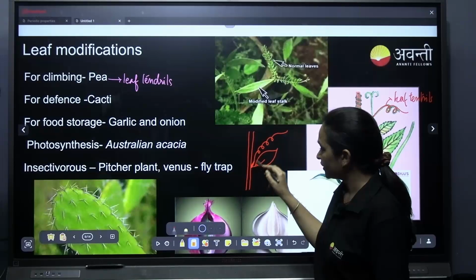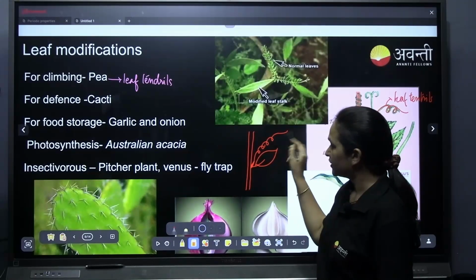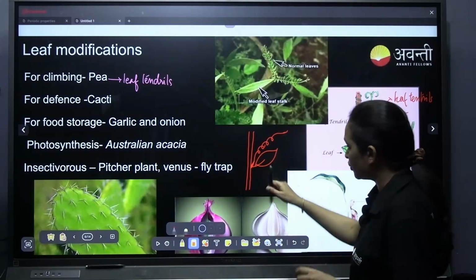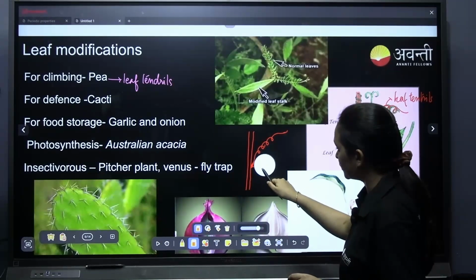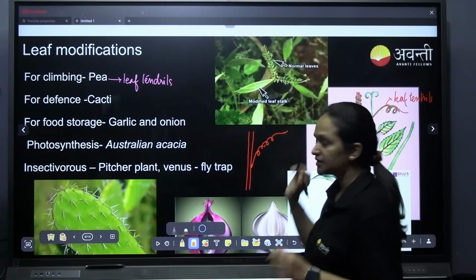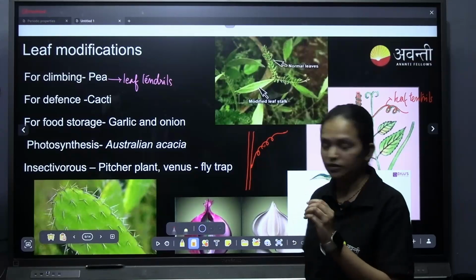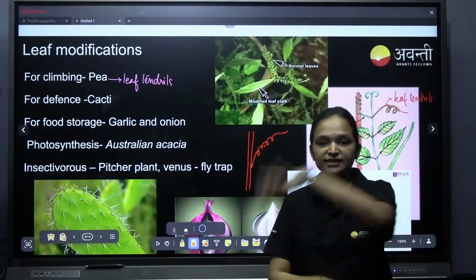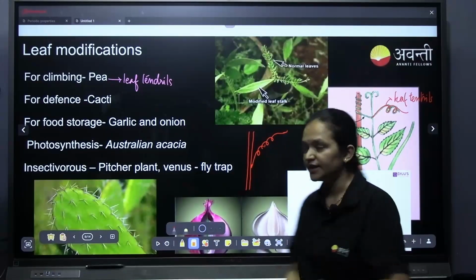From the stem, you can see the tendril coming out. But in case of leaf tendril, there will be no leaf. Directly in place of leaf, the tendril will be coming out from the stem instead of leaf. The leaf will be modified as tendril.